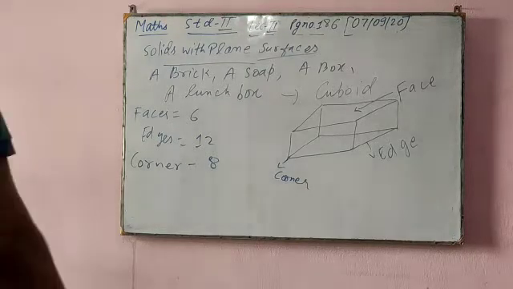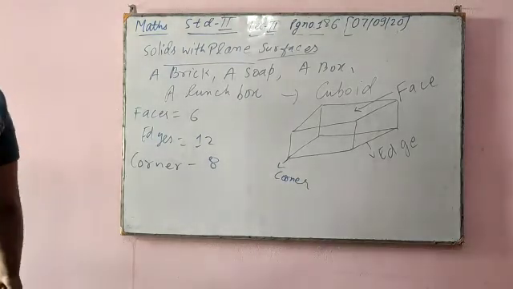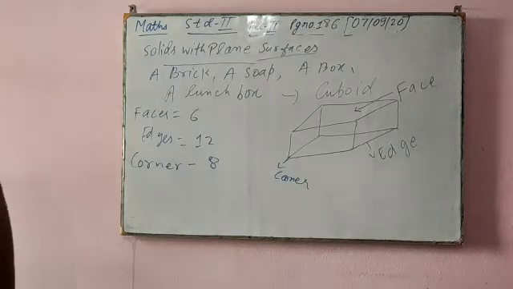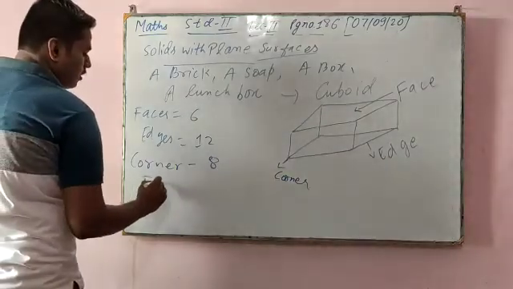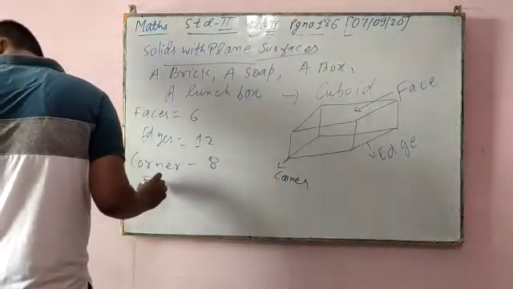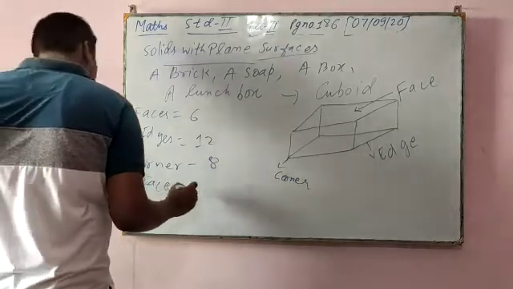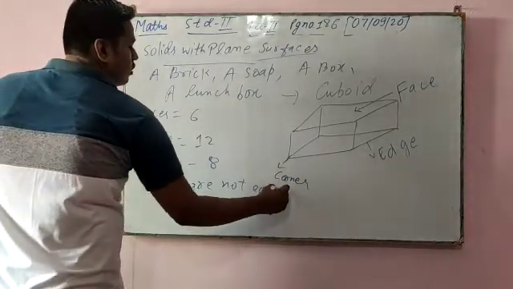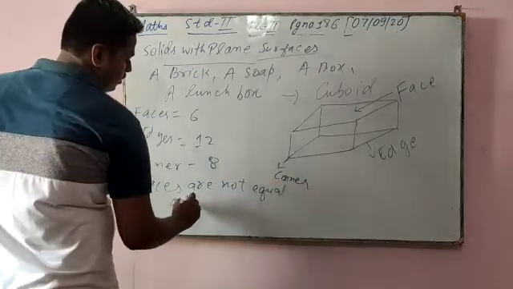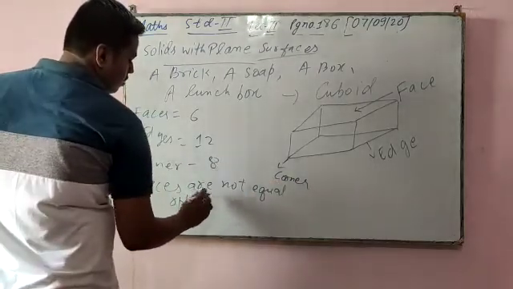Now, all faces are not equal. Are all edges of the cuboid equal? No, all the faces are not equal. Only opposite faces are equal. Same, all the edges of a cuboid are not equal.